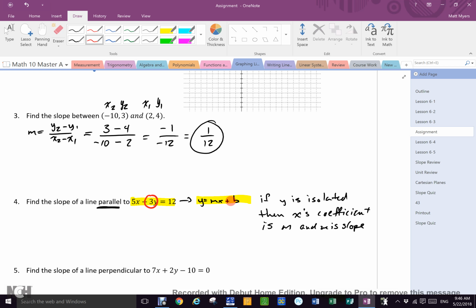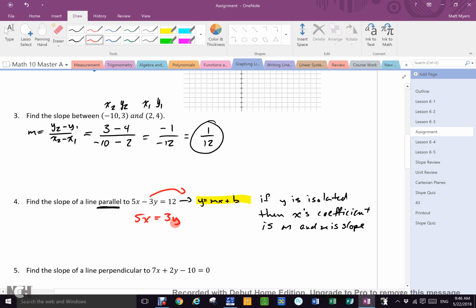He waited patiently. If I move that y over there, I then have 5x equals 3y.